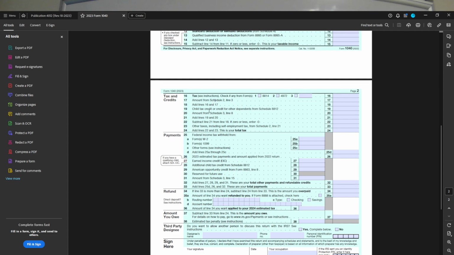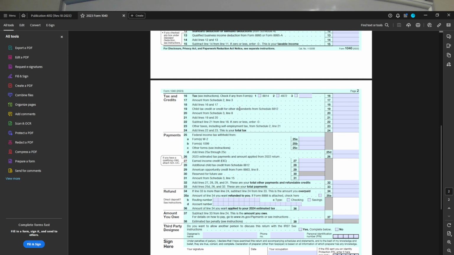So once we've added in any additional taxes, we have our total tax, and then we get to take out credits. Credits are very, very nice. They reduce your taxes dollar for dollar. So the most common tax credit is the child and dependent tax credit, which is why it's got its own fancy little line right here. Pretty much every child under the age of 17 that you have gives you $2,000 of tax credit.